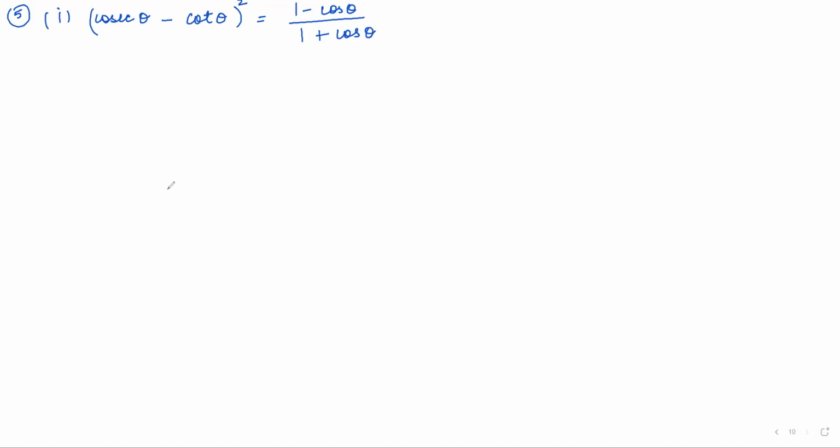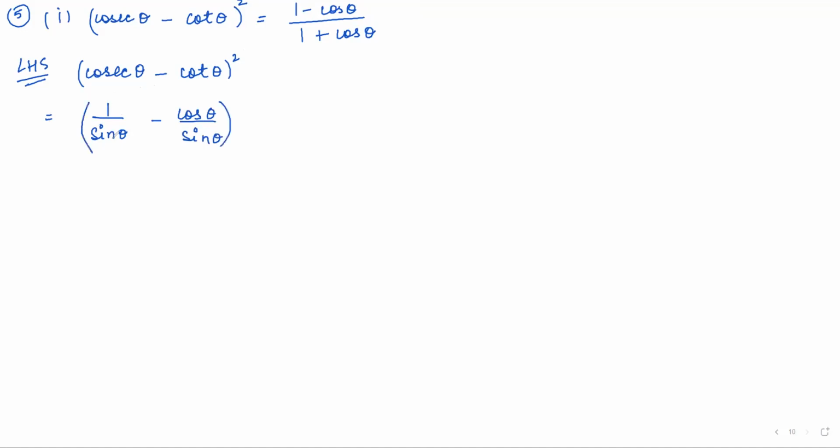So let us solve the LHS. Let us check whether it is coming out to be equal to RHS or not. So my LHS is cosec theta minus cot theta, but whole square. So first of all, I'll convert it into sine and cos. 1 upon sine theta minus cot, which is cos theta by sine theta, inverse of tan.